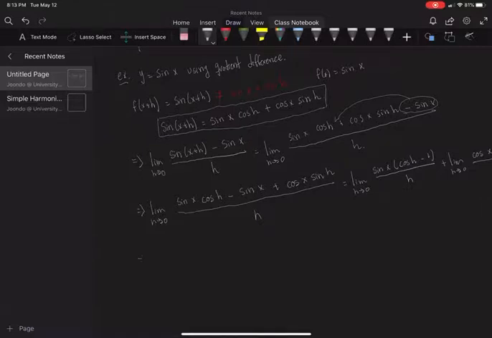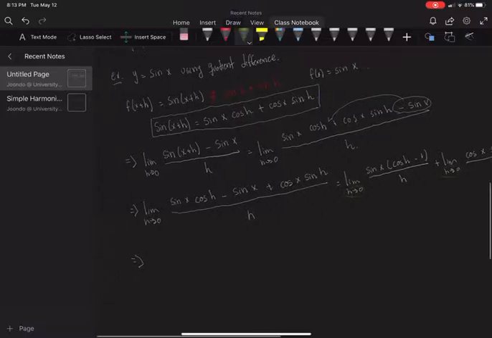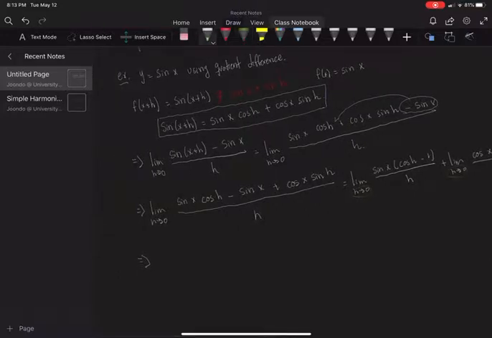Now, rewriting this, because h tends to 0, not x tends to 0, the sine x and cosine x come out. So this is what happens: sine x times the limit as h tends to 0 of cos h minus 1 over h.